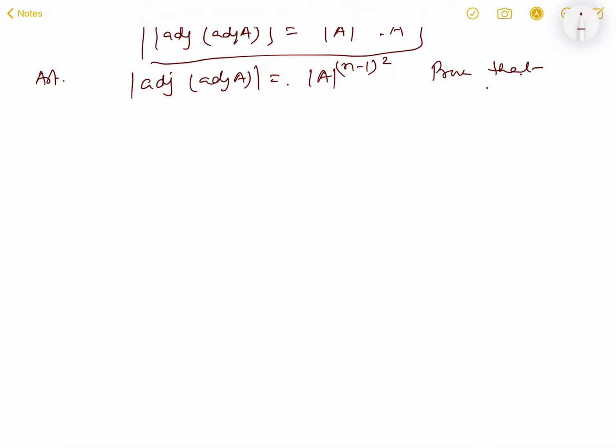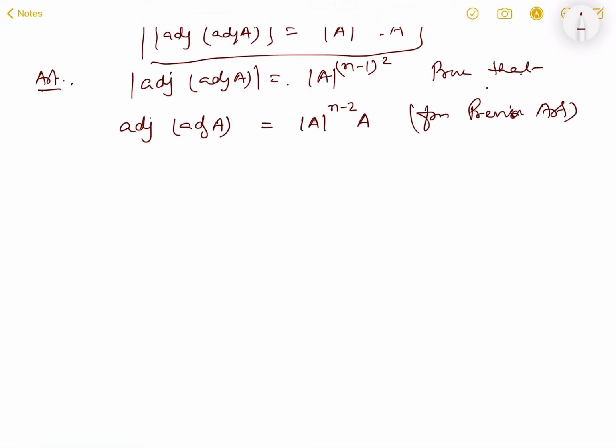Now, as per the previous result, adjoint adjoint A is equal to determinant A to the power n minus 2 into A from the previous article.